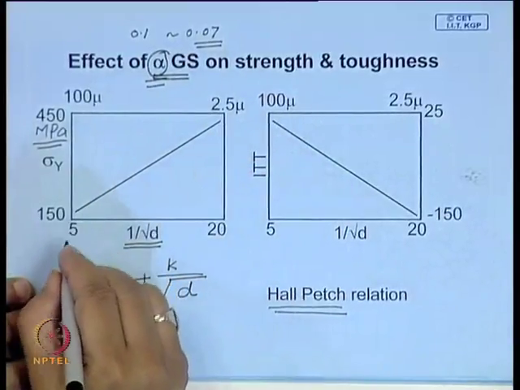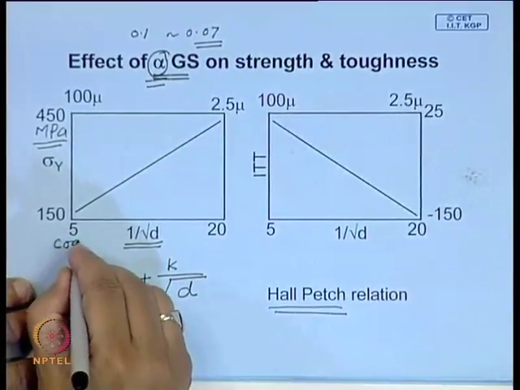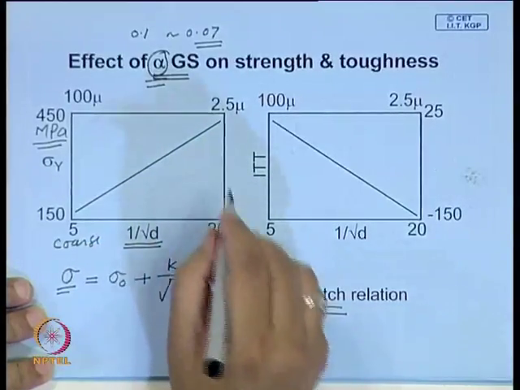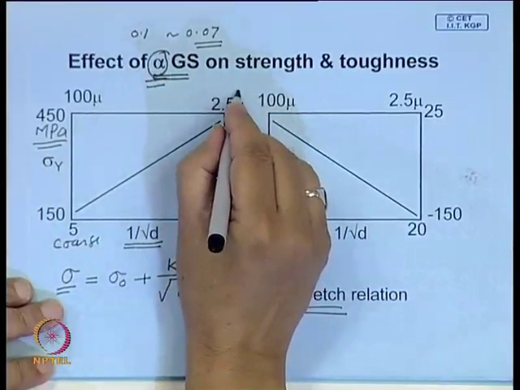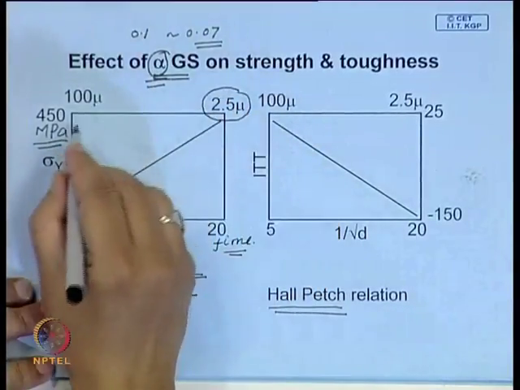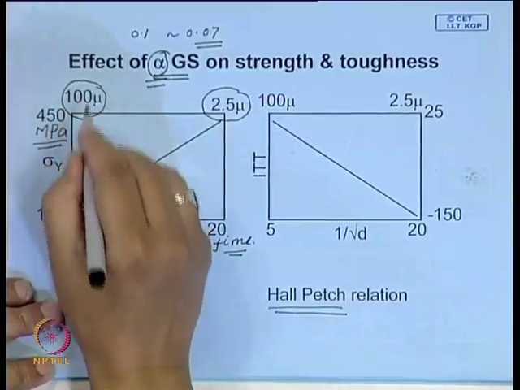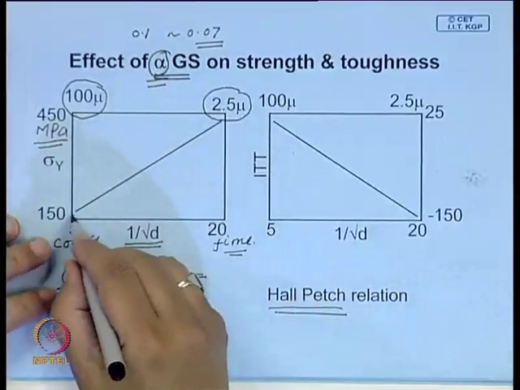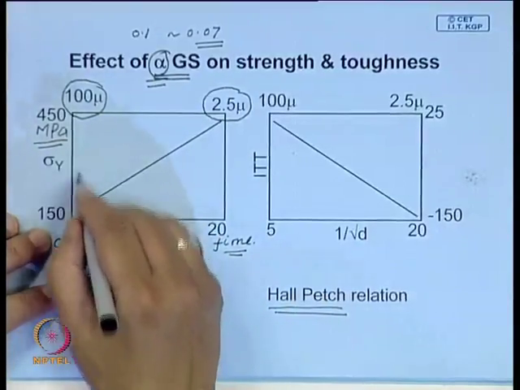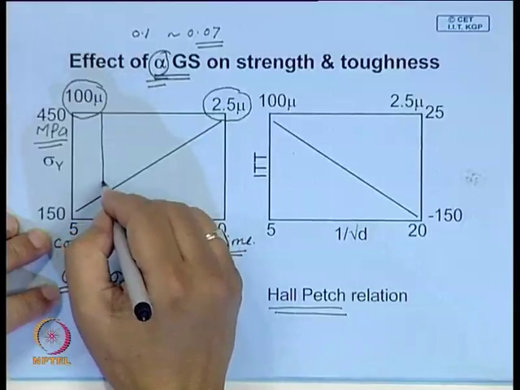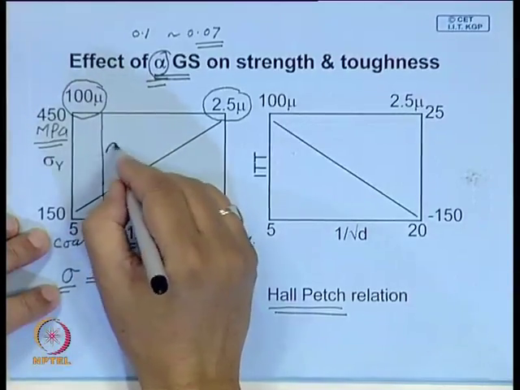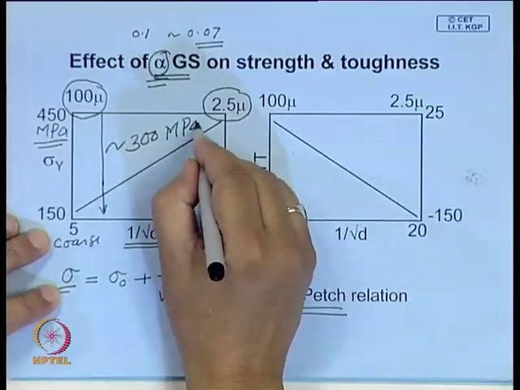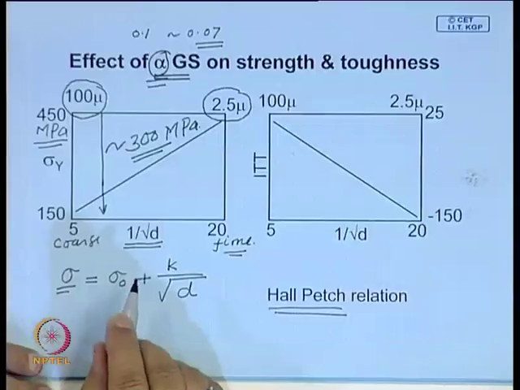This end means it is coarse grain, this end is fine grain, and around here you have micron size, and this side is very coarse, maybe 100 micron. It can have a significant effect. The increase in strength from here to here is around say 300 megapascal, which is a substantial increase in strength.